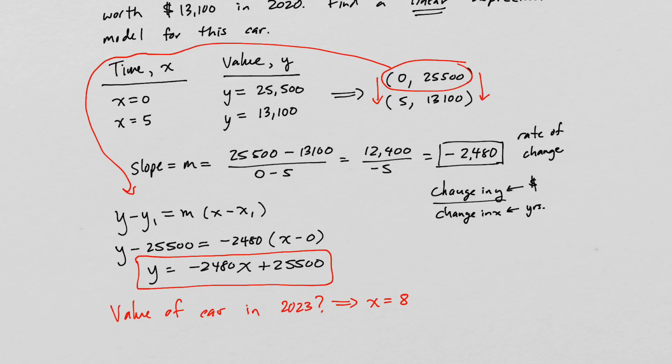So this is when the car is 8 years old. And then we could just plug in x equals 8 into this equation. And if we do the math there, we get $5,660. Not worth very much after 8 years.